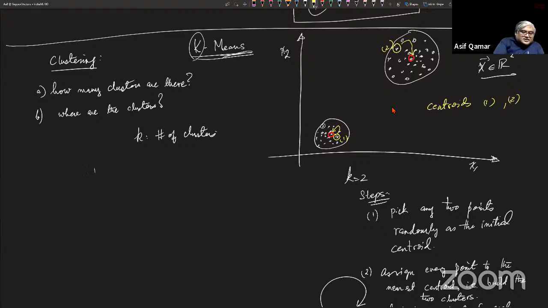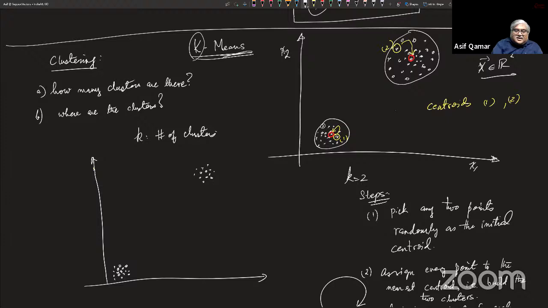So I'll redraw this diagram, and see what happens if the initial guesses are terrible. We are really unfortunate in making the initial guesses. So this is, I hope, a close approximation to the original data. Suppose you have this.